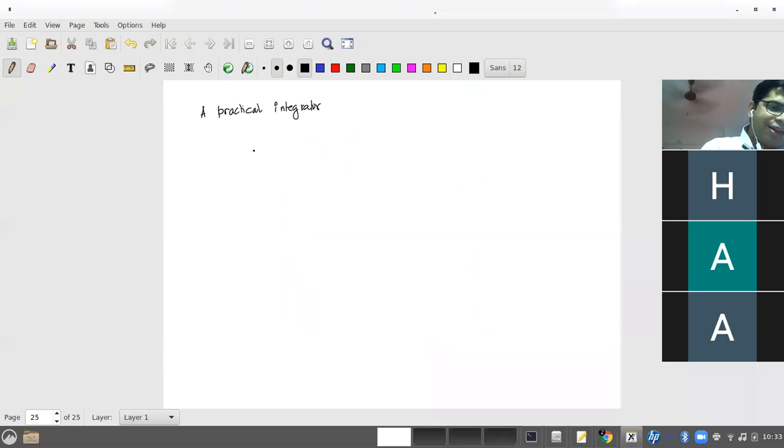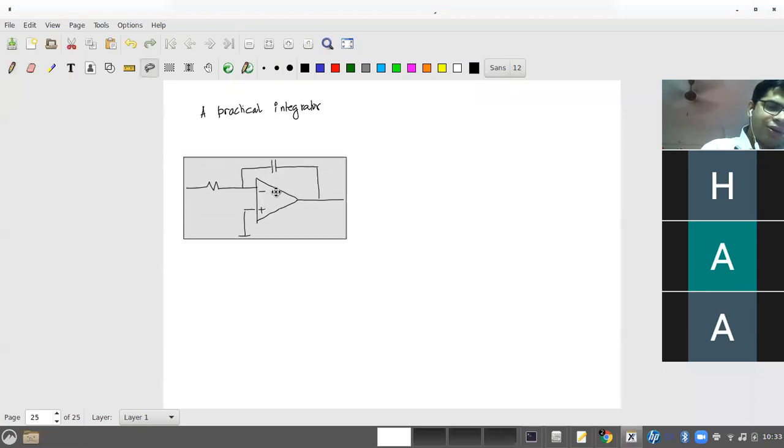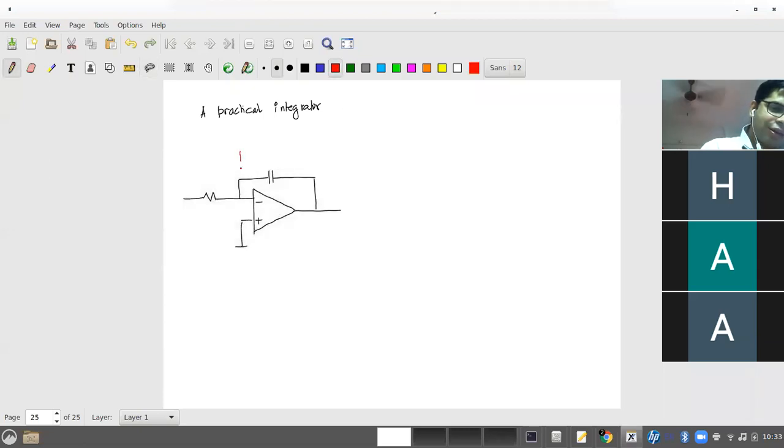A practical integrator has a resistor here, capacitor there. That is as we already know, but there is another resistor which is connected in parallel.